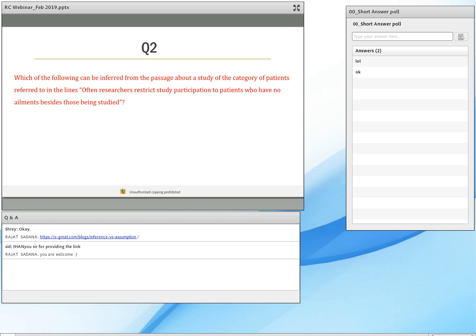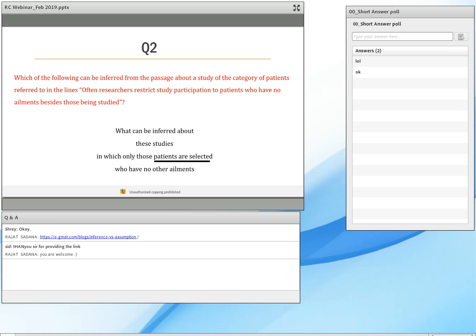What the author is asking is what can be inferred about these studies in which only patients who have the studied ailments are selected. Let's go and look at the relevant part of the passage.